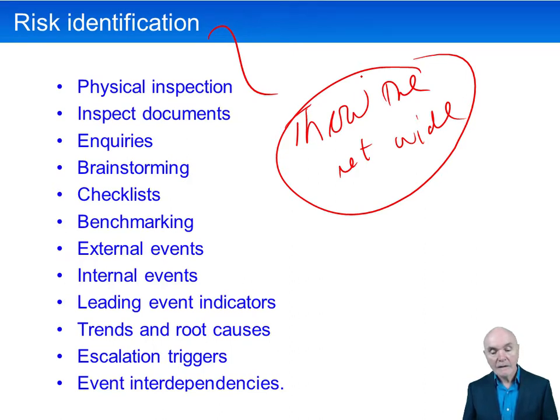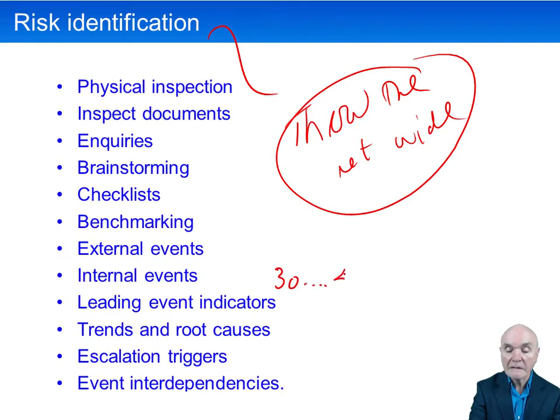Leading event indicators. An example of a leading event indicator is where you have a customer and they begin taking 30 days credit, and then after a few months they begin taking 40 days credit, and then after a while it's 60 days credit, and so on.